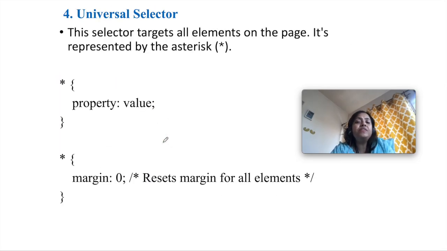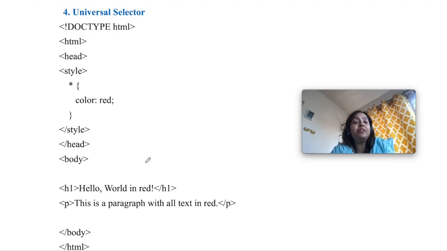Coming to the universal selector. Now suppose you want to target all the elements or all the tags which are present in that page. It is represented by star or asterisk. How is it done? Suppose we write star margin 0. So it resets the margin for all the elements which are present in that page.